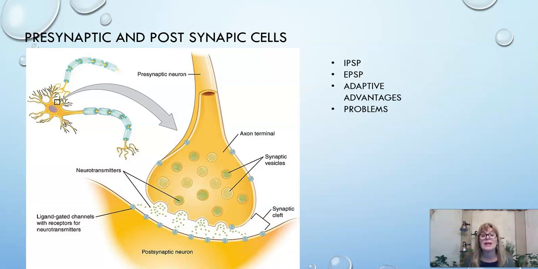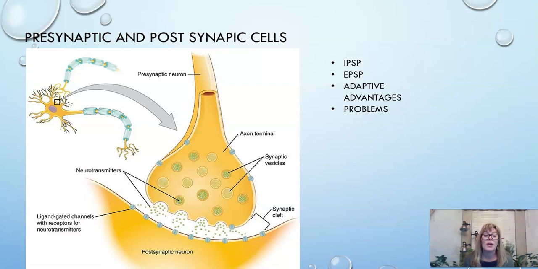So as we get to the end of that presynaptic neuron, that electrical signal is going to have to be turned into a chemical signal where it will release neurotransmitters into the synaptic cleft, which is basically a little trough in between the two cells. The neurotransmitter that's generally spoken about is acetylcholine.